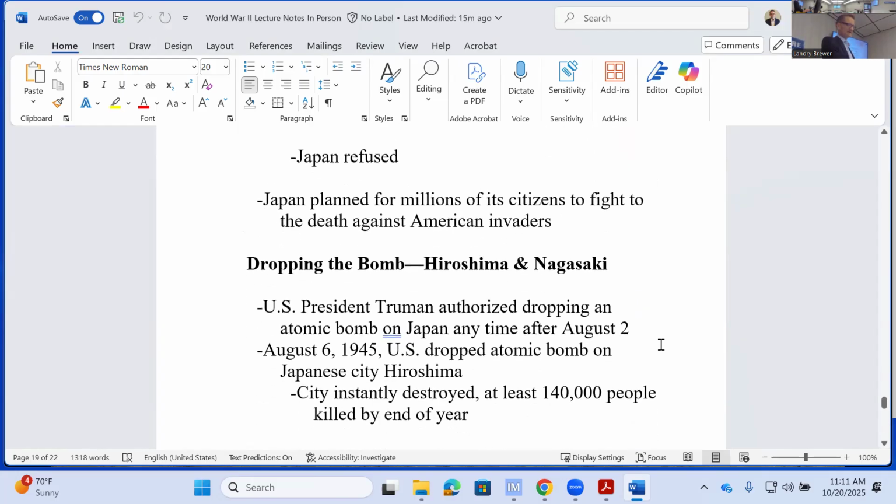Additionally, not only did Japan refuse to surrender, but Japan planned for millions of its citizens to fight to the death against American invaders, even issuing a booklet to its people explaining that they needed to fight to the death using primitive weapons like kitchen knives, sharpened bamboo spears, and rocks.